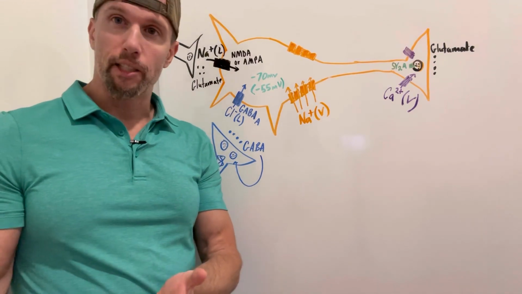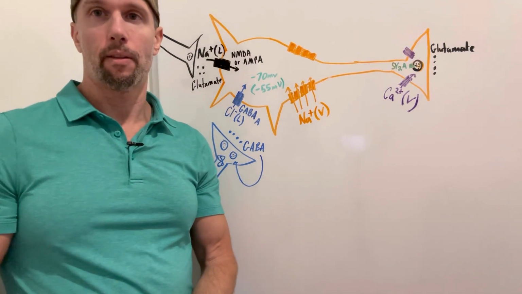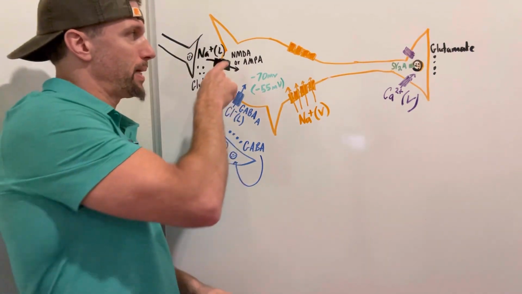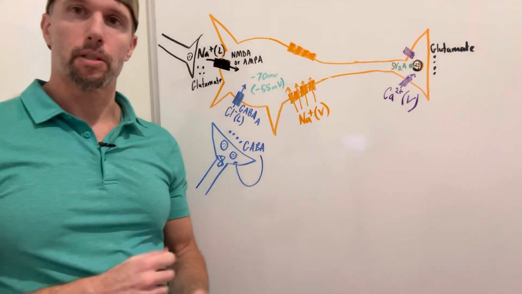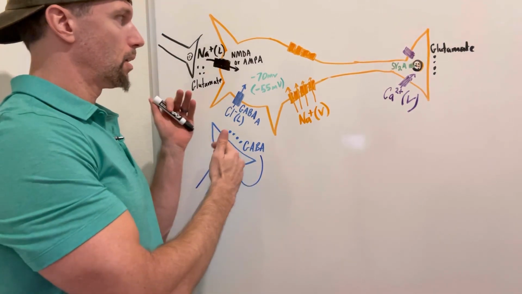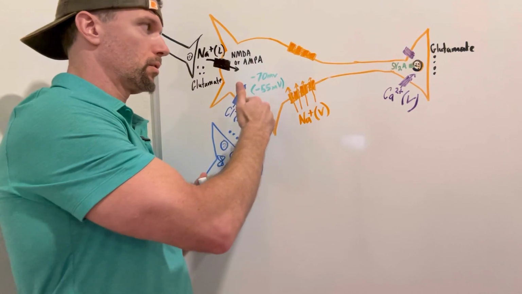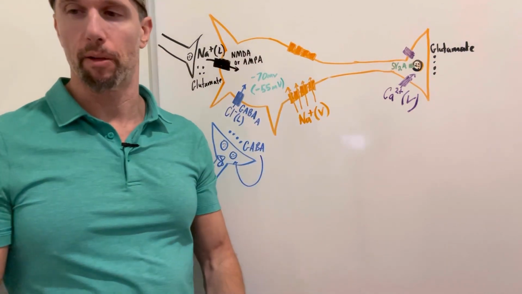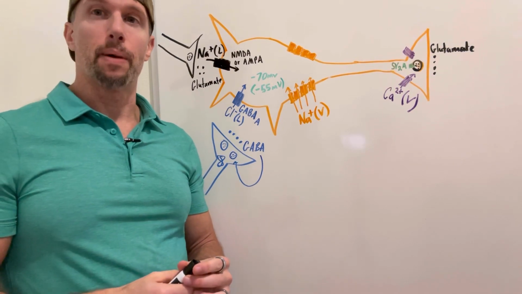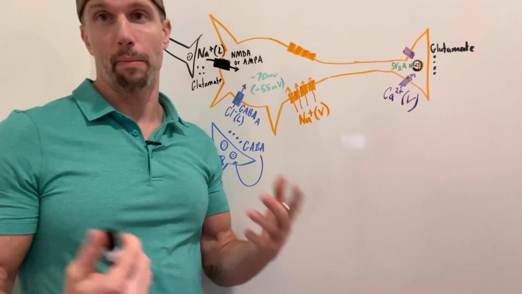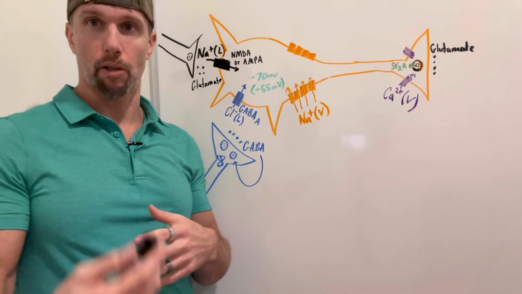Now, those are the primary ones, but just to bring it all home, there are some other drugs that can be used for seizures that aren't as common, that work on some of the other receptors. For example, ketamine works on the NMDA receptor to block it and prevent that gradual depolarization from -70 to -55 millivolts. There's felbamate, which works on the other type of glutamate receptor called the AMPA receptor, and it blocks that and prevents some of the sodium from getting in.